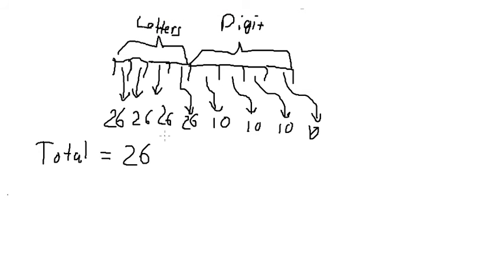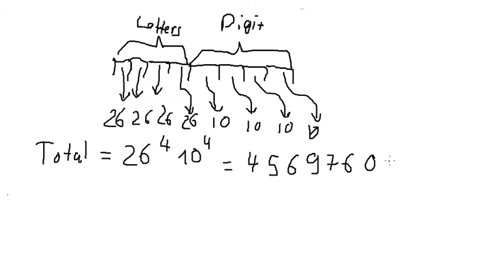You get 26 to the power of 4 and 10 to the power of 4, because we have 4 number 10 and 4 number 26. And this one, you get this number in here. So we have 4,569,760,000 plates in here.